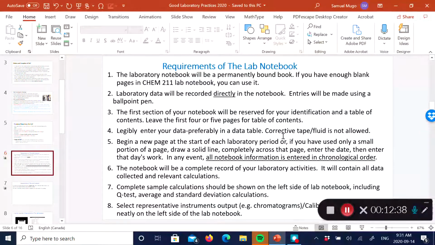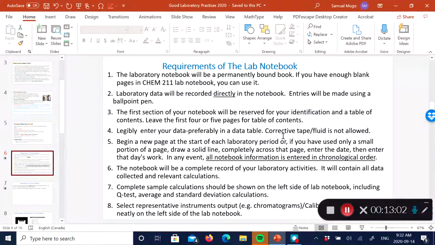So I should be able to see, if a mistake was made, what was the initial data that was recorded. So what you need to do is just cross it out with just one line to indicate that a mistake had been made when you were doing the initial recording. But I should be able to see the original data.